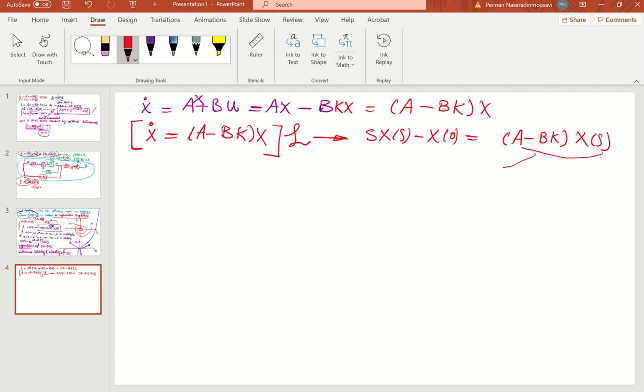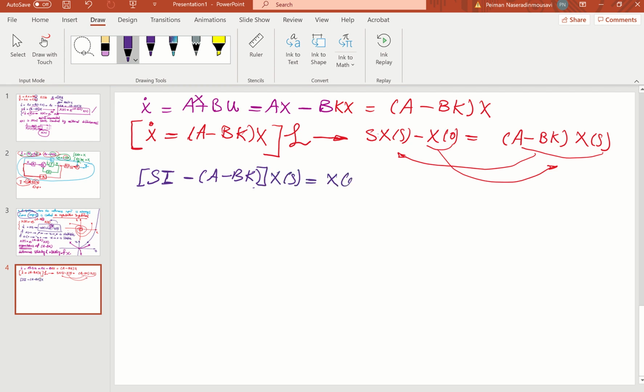Moving this to the other side, you're going to have sI, but you cannot put 1 because you're dealing with matrices. Here it's going to be I, the identity matrix: (sI minus A minus BK) X(s) is equal to x at time 0.